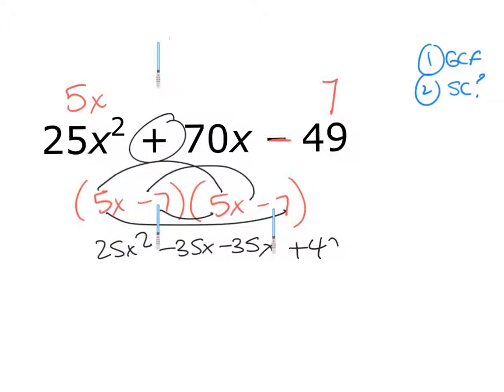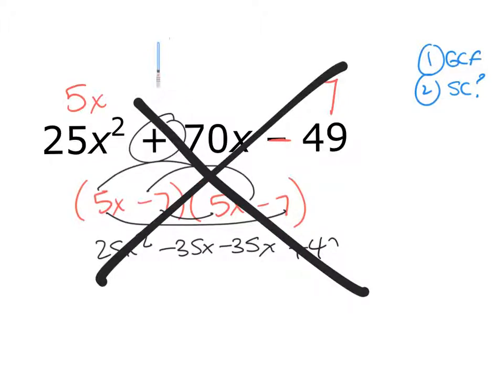But when you multiply the negative 7 and the negative 7, it doesn't give you negative 49. These have to be opposite signs in order for this to give you a negative. And if they were opposite signs, then they would cancel out the middle term. So this entire question is what we call not factorable.